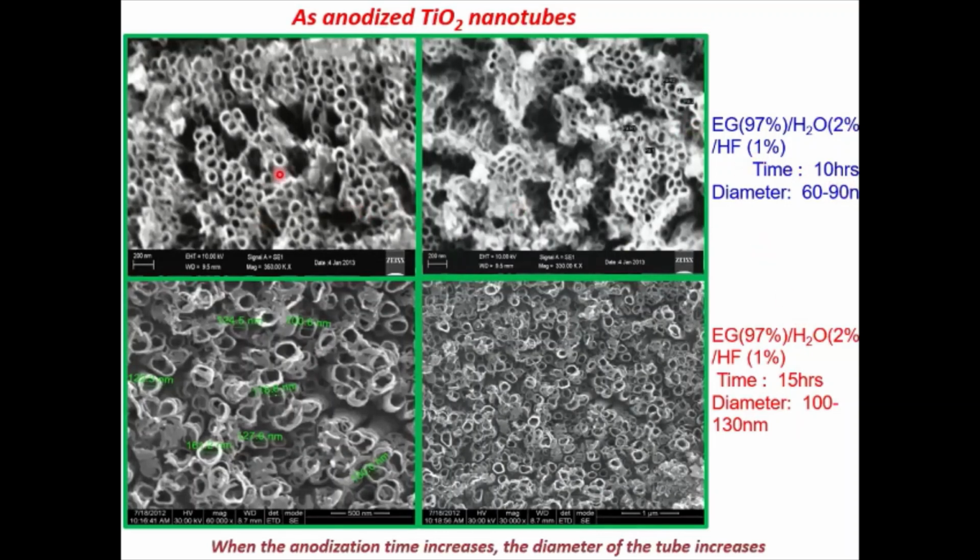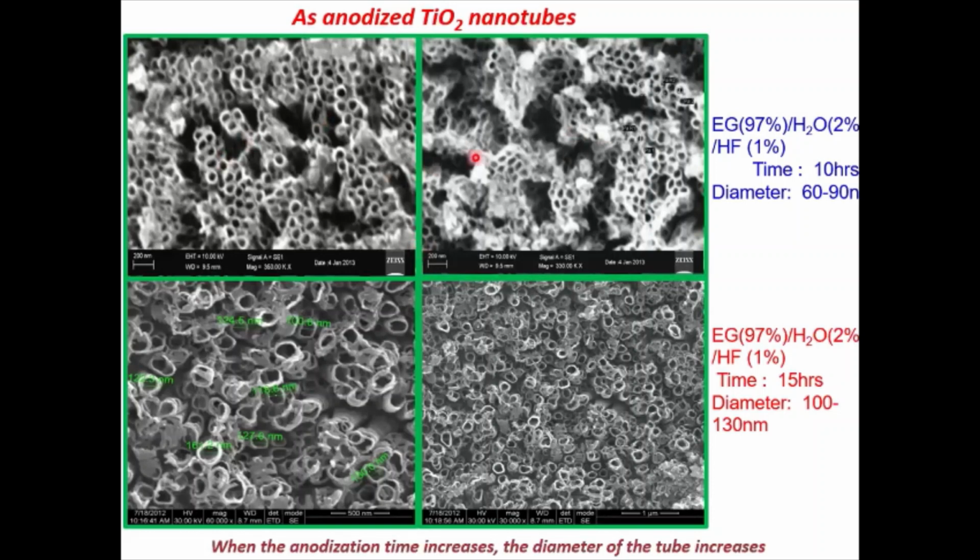This is the titanium anode, and the potential we apply is very high. In this case, we have applied almost 20 volts in a 1 centimeter electrode system, very high potential. We try to etch out whatever oxidized part, and we try to get freestanding titanium oxide nanotubes.